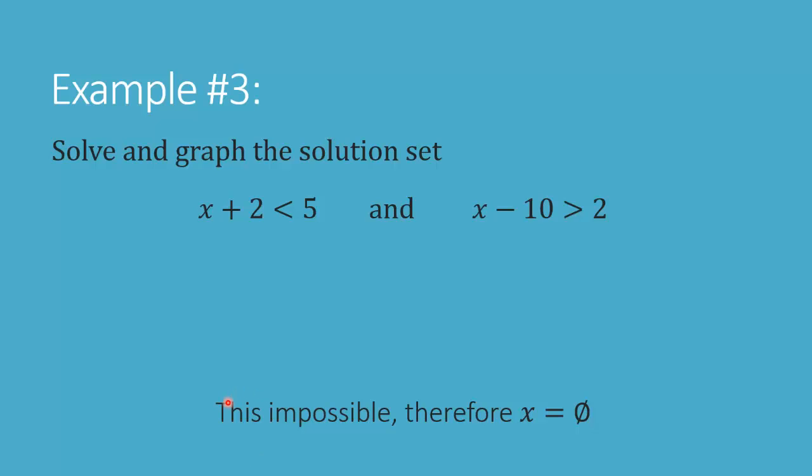So now, I accidentally gave it away. But in this, we're going to solve the graph to the solution set x plus 2 is less than 5 and x minus 10 greater than negative 2.